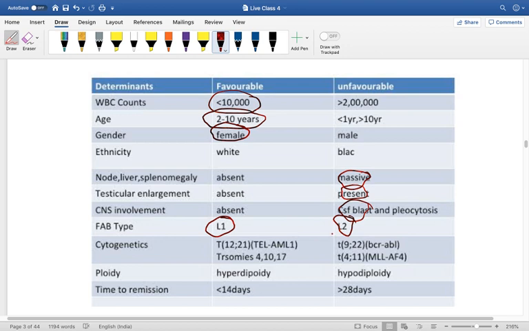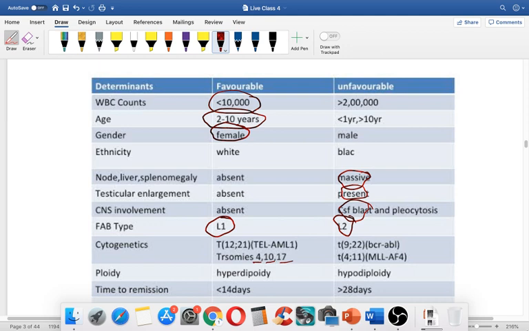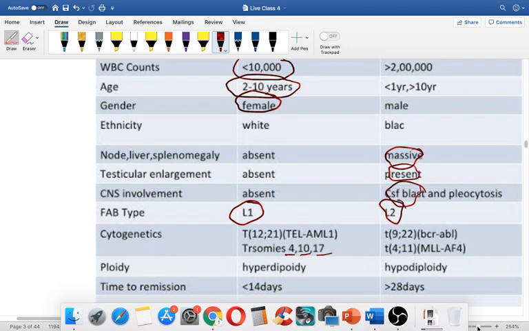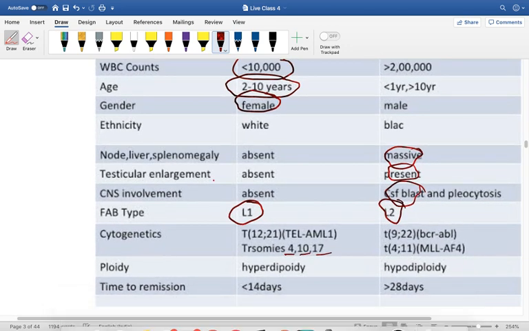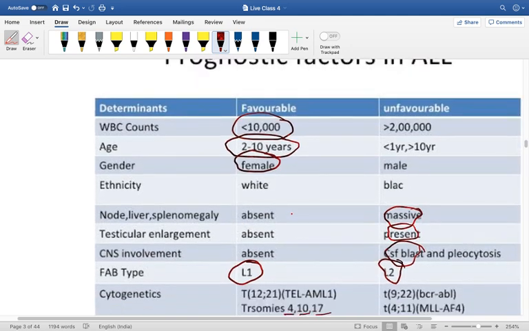But the dirtiest part of the story is, you have to remember this one. Trisomy 4, trisomy 10, trisomy 17. These 3 things, doctor, good prognosis, right?